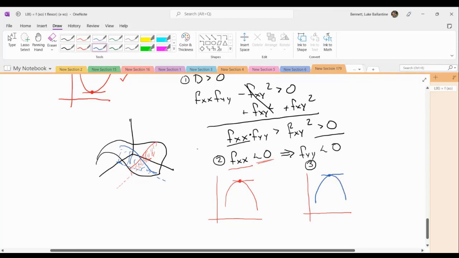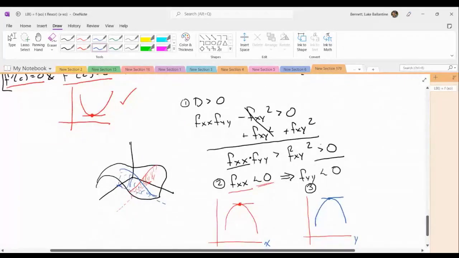So we're looking at the surface from two perspectives, if we fix y and if we fix x. And we can see in both these cases, in both directions, there's a maximum. So if D is greater than 0 and fxx is less than 0, then by this geometric argument, we have a relative maximum.